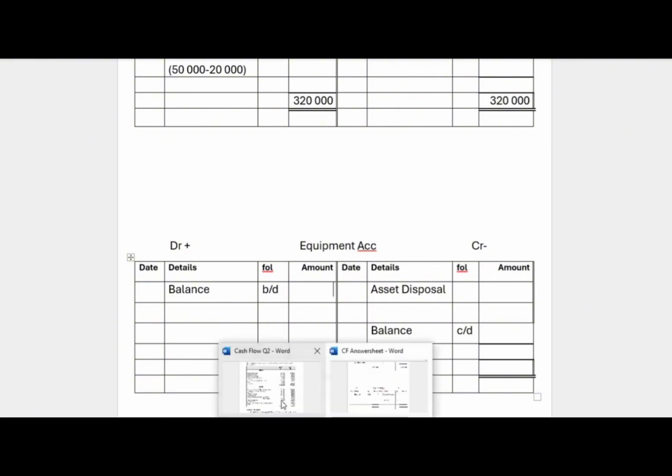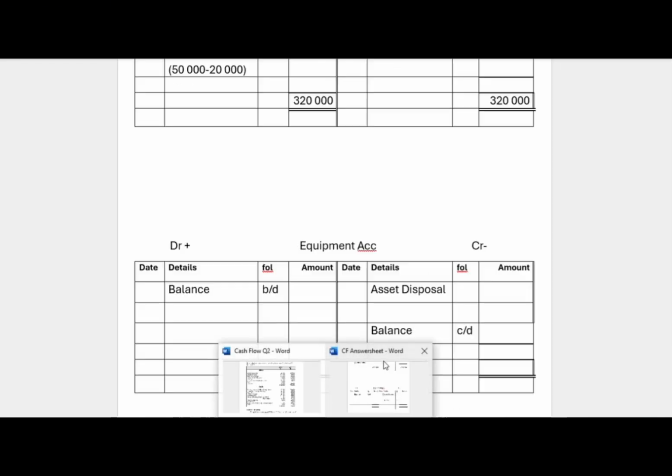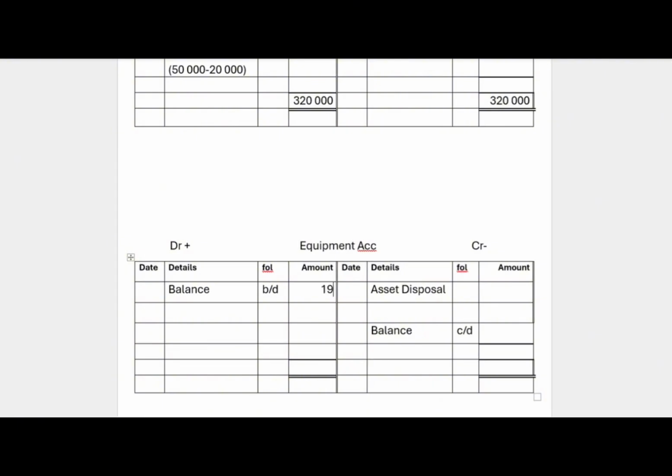Let's go and check that. Opening balance of the equipment right there. It's how much? Opening balance of equipment, 190,000, right? So we go to the answer sheet. We're going to say 190,000 is the opening balance of equipment.